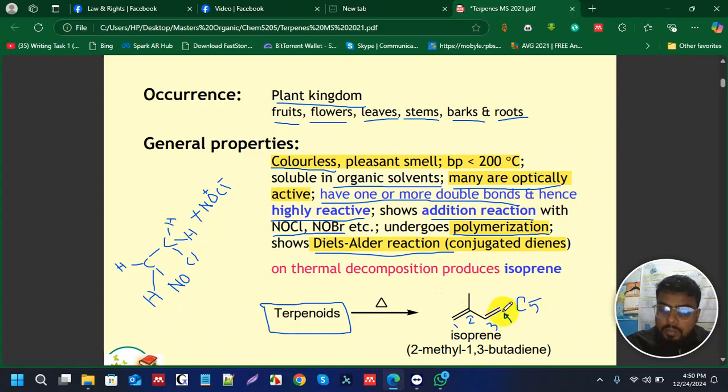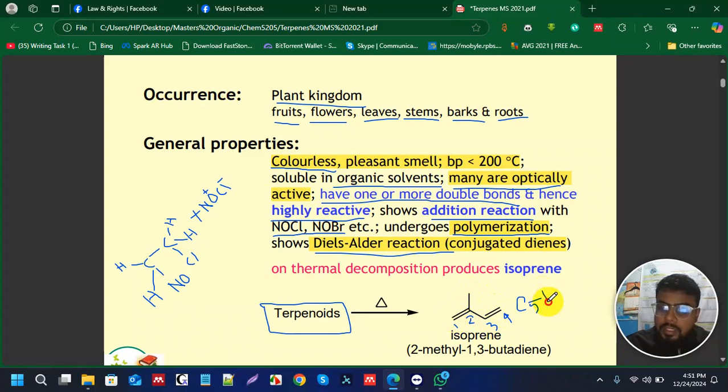In the isoprene unit, five carbons and hydrogens are present. In this portion, this carbon atom is attached with this carbon atom by a double bond, so in this carbon atom two free hydrogens are available. In this carbon atom, one free hydrogen is available. In this carbon atom, three free hydrogens are available. And in this carbon atom, two hydrogens are available.